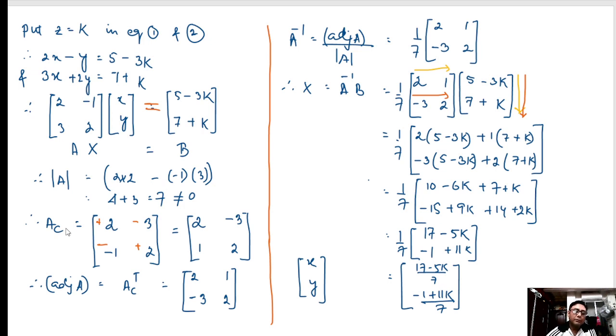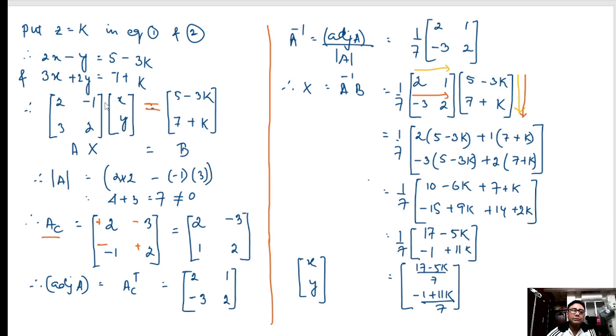So now find the cofactor matrix. First find the cofactor matrix. So first of all, give sign. It is a 2 by 2 matrix. I already told, cofactor matrix signs are plus minus minus plus. So for this position you cannot take this row and this column, so this is left, and this position has a plus sign, so plus 2.